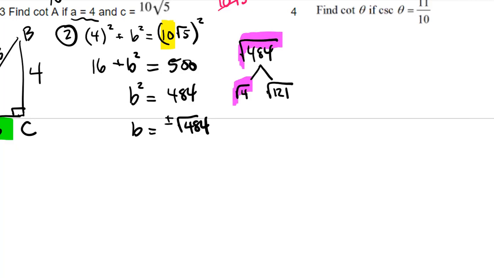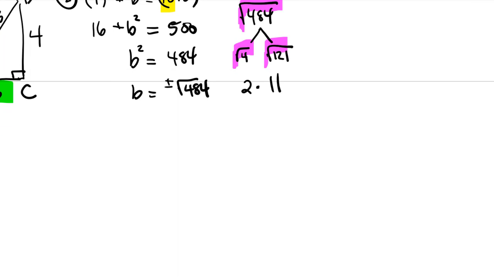When we take the square root of 4, we get 2. Now 121 happens to be a perfect square number, which is very nice, and that is 11. And 2 times 11 is 22.